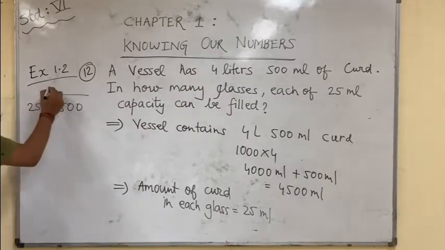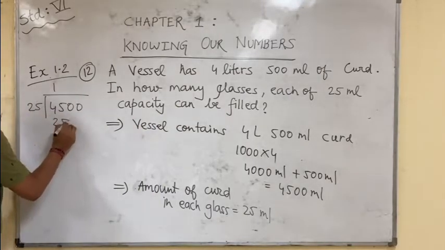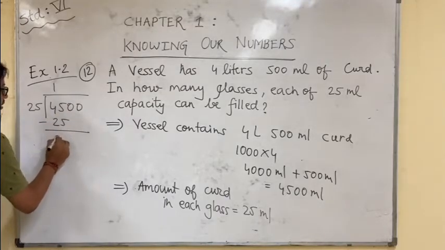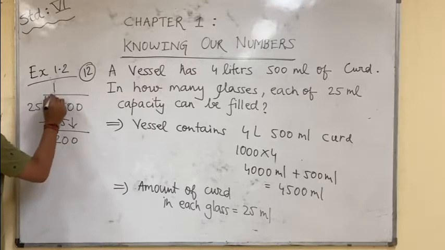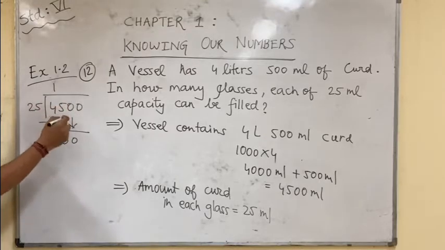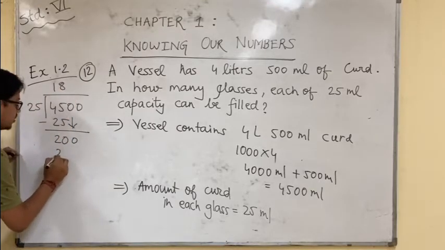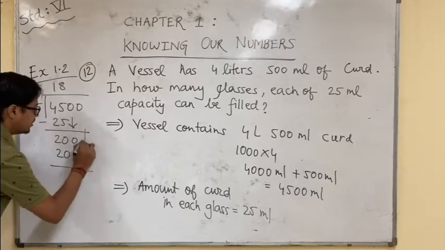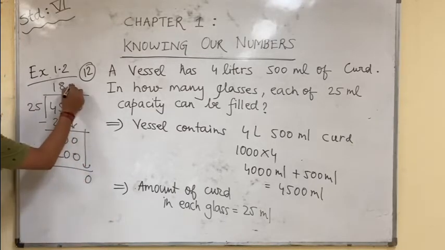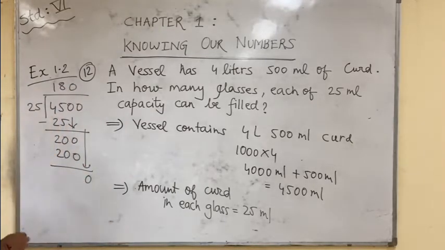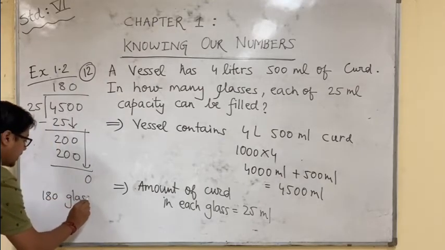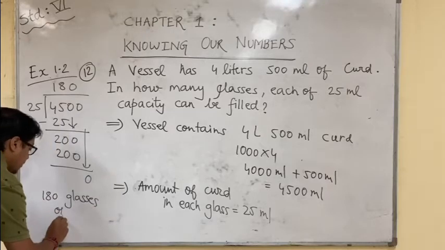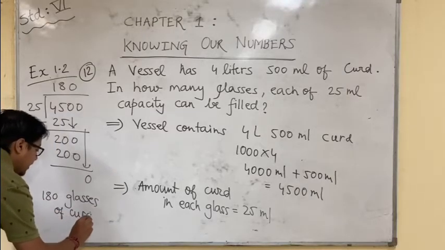Okay. 25 ones are 25. Minus will be 20. We will put down 1 0. 25 4 is 100. So 25 8 is 200. You will put down 1 0. It cannot be divided, so we will put the 0 upwards. So total how many glasses will be there, students? Total 180 glasses of curd will be there.